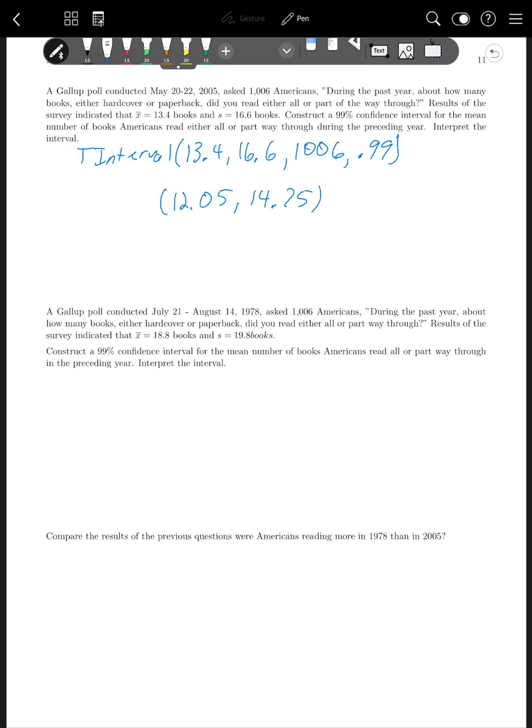So our confidence interval is 12.05 to 14.75. So 12.05 to 14.75 books read during the preceding year. So we would expect the average American to have read between 12 and 15 books in 2005.